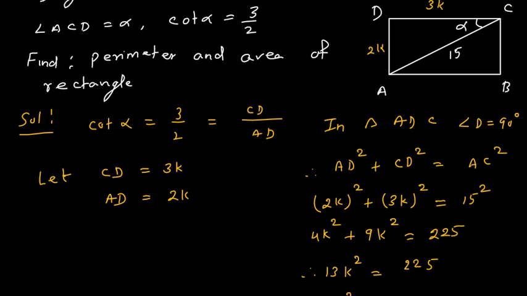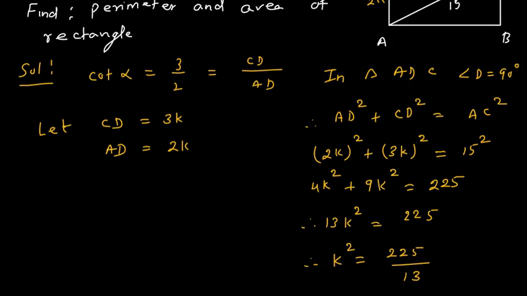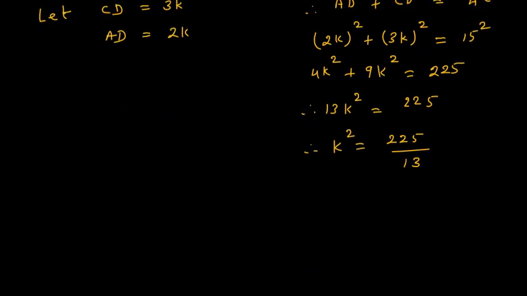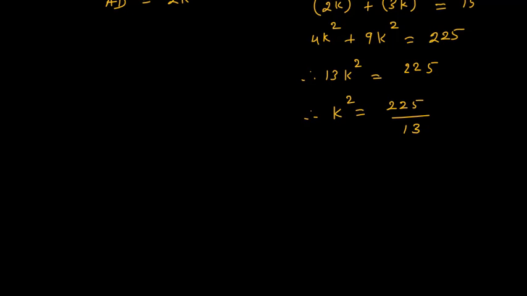Square of 15 is 225. So 13K square equals 225. Therefore the value of K is square root of 225 upon 13. The square root of 225 is 15, so this is 15 upon root 13. This is the value of K.